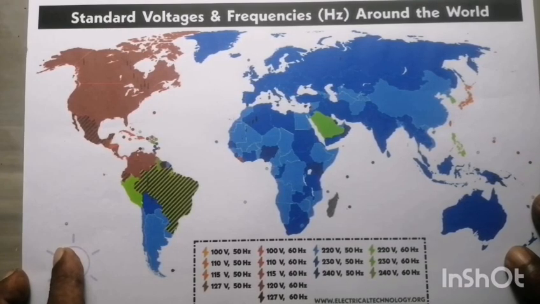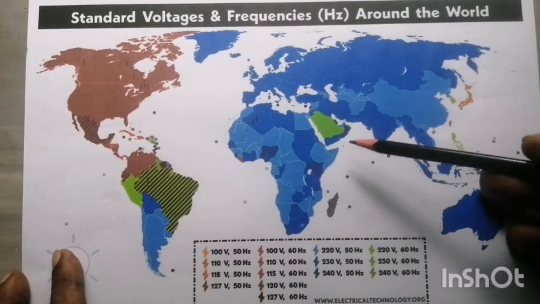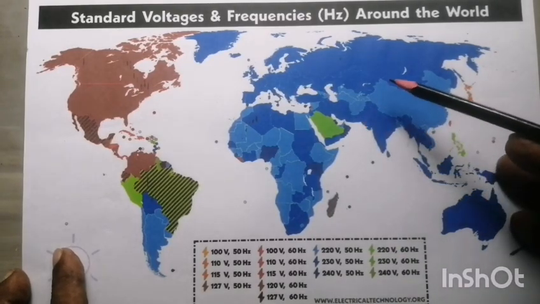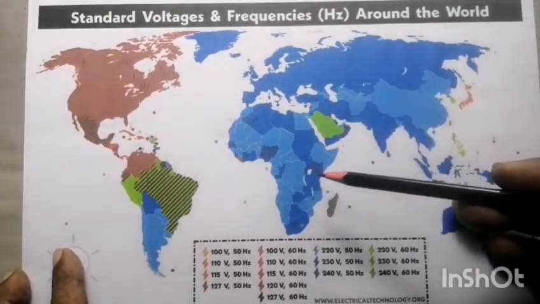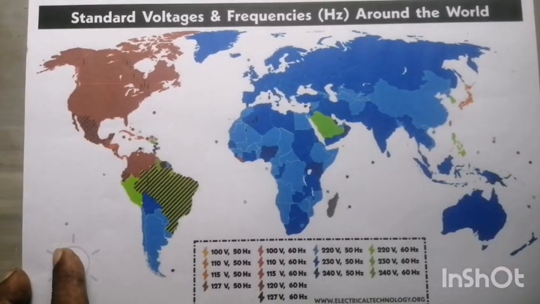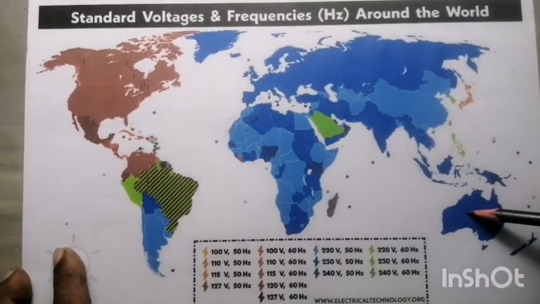Here you see all these blue lines, and even Australia also uses a 220 line in houses.